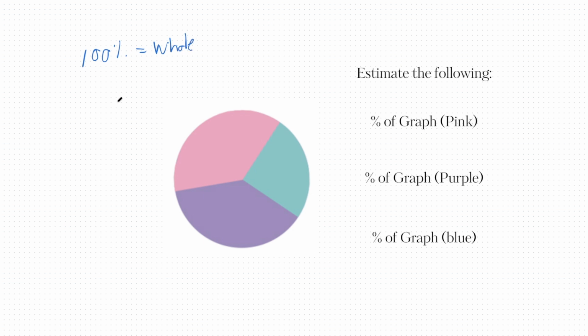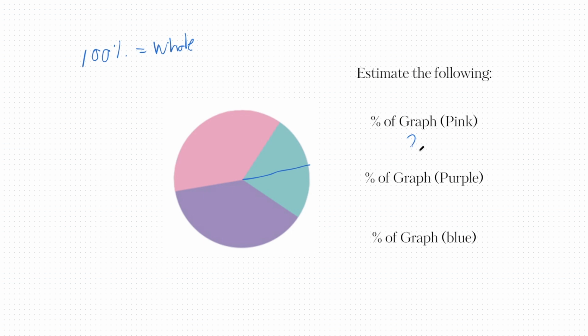Looking at this graph, I notice two things. One, the pink and the purple are about the same size, and they're both less than half. If I draw a line here going like this, notice that would cut this in half. So I'm going to say that this pink wedge is about 35%.